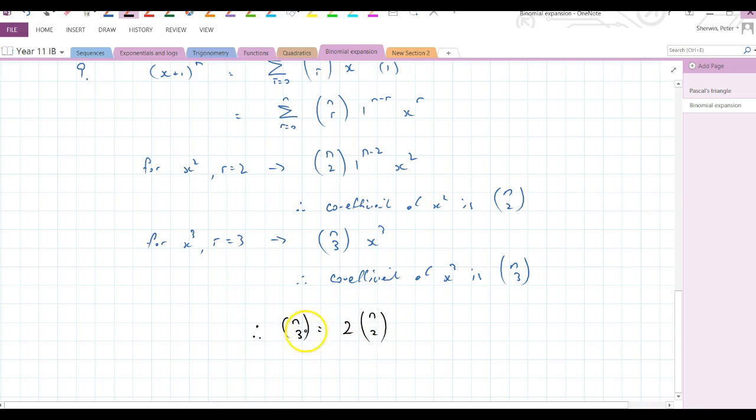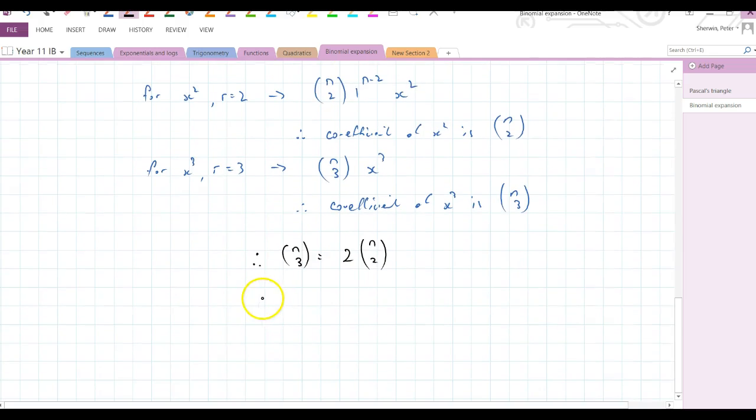What's this vertical brackets notation? Well, I'm going to have to put it in factorial notation. And a little reminder, and it's on your formula sheet, that nCr is equal to n factorial over r factorial times n minus r factorial.